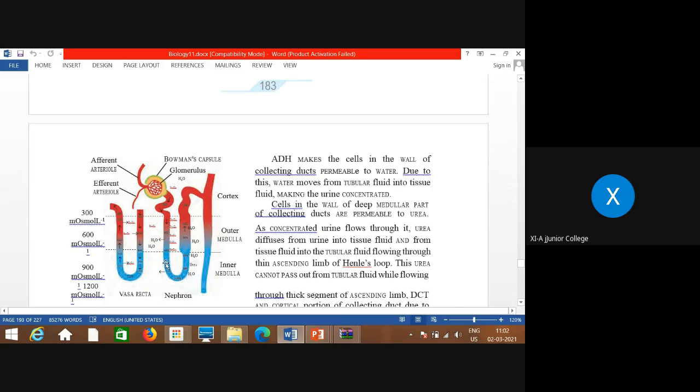In this region you can see this is the descending limb of the nephron, and this is the ascending limb of the nephron, that is the loop of Henle, where both are in opposite direction.